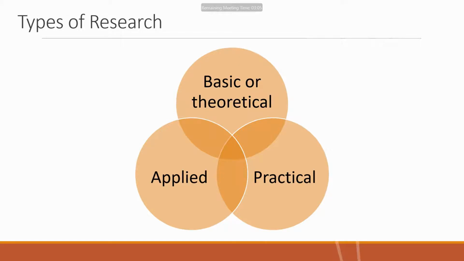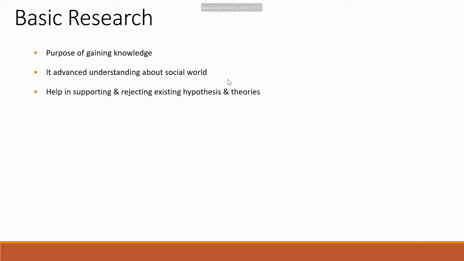Because each type of research will have its own method and its own approach when we do it. If we know the exact type of research, we will use the proper resources to deal with it. So let's go to the detail.